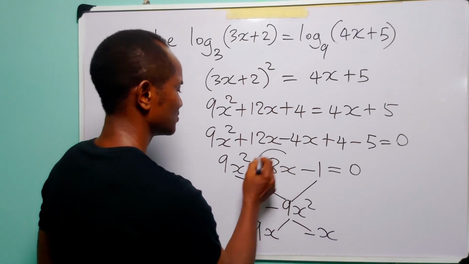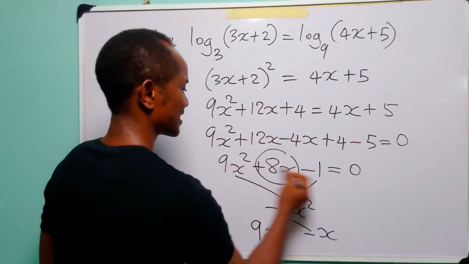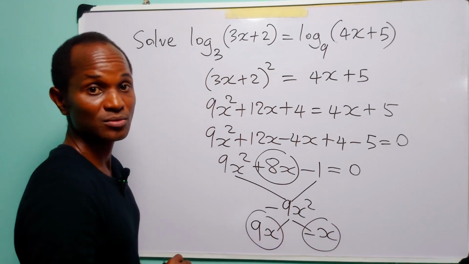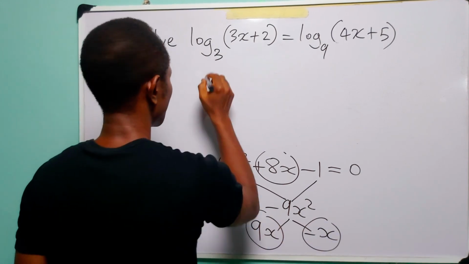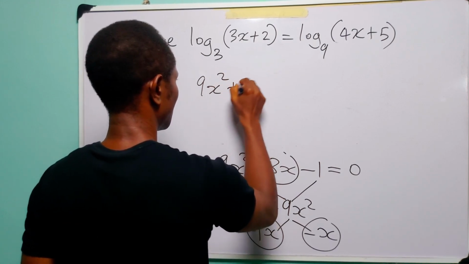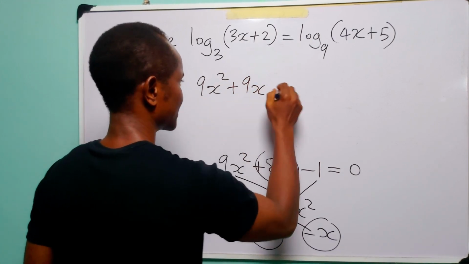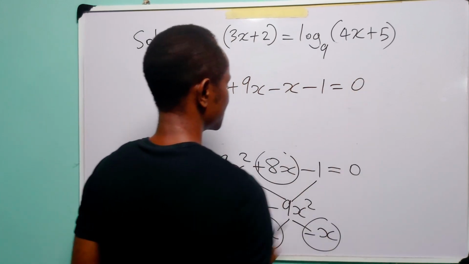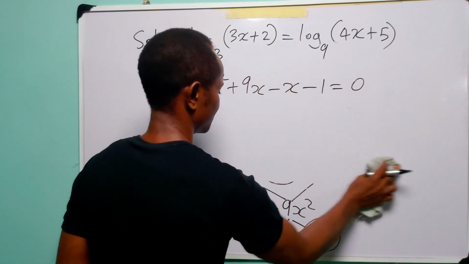So the next thing we do is replace plus 8x in this equation with these two factors. So we have 9x squared plus 9x minus x minus 1 is equal to 0.